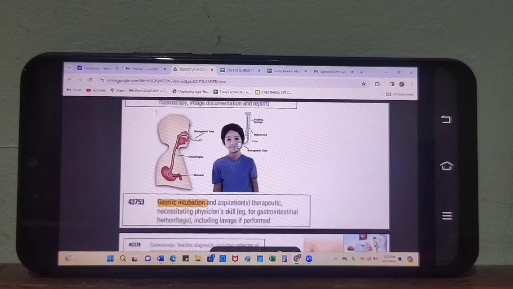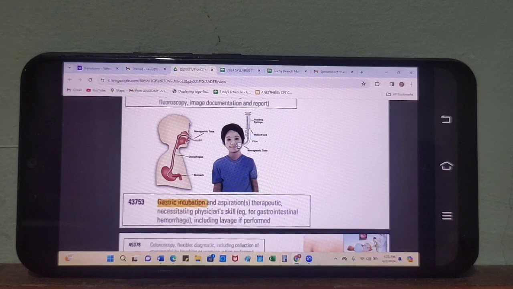Gastric intubation, to directly insert the tube into the stomach, go for 53. For gastric intubation go for 43753. Usually all of these procedures are done by a nurse only. If a physician skill is necessary to complete the procedure, go for 43753.